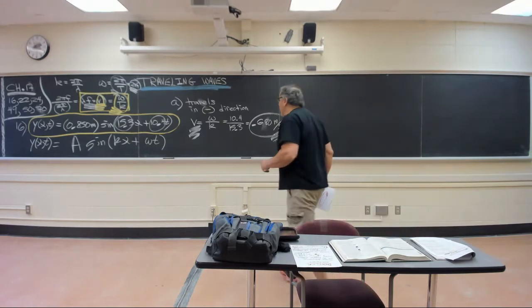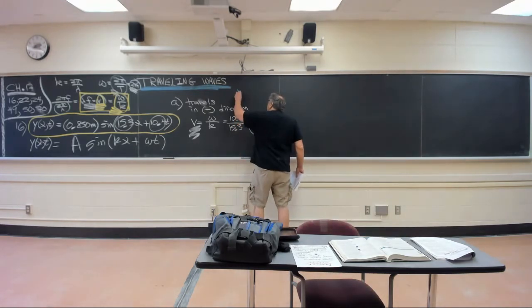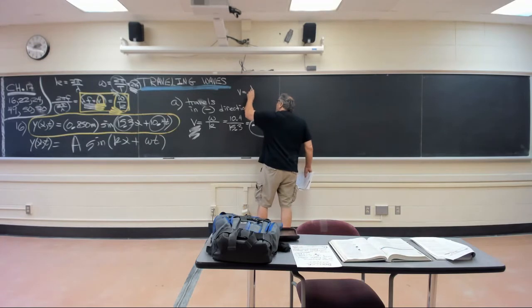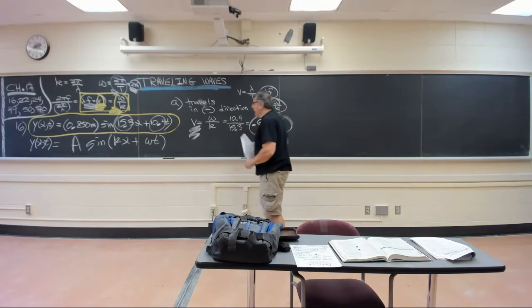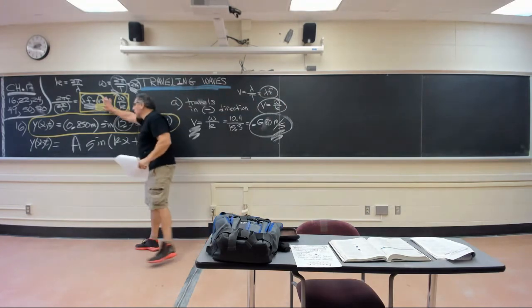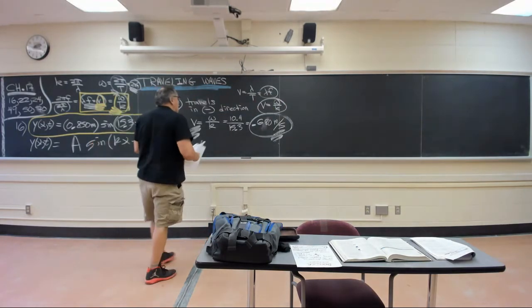So v is lambda divided by the period. 1 over T is the same as f, and that's where you're getting this. Though it doesn't look like it at first glance, omega over k will get you there because of what we talked about just here. Okay, so that's A.